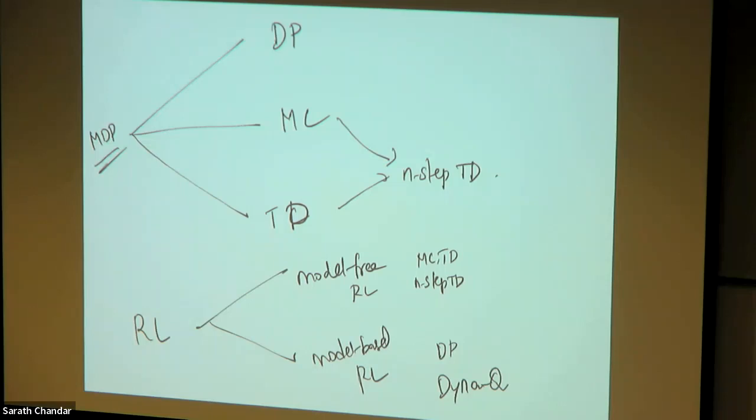The basic idea in Dyna is really to learn the transition model: given the current state and action, what would be the next state? Also, can we learn what would be the reward? Learning the transition function and the reward function, when combined with any of these model-free techniques, could lead to a model-based algorithm.